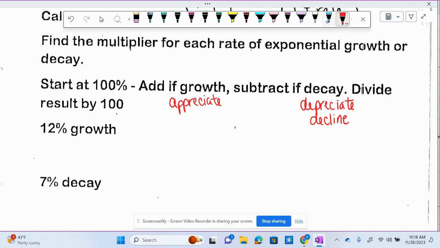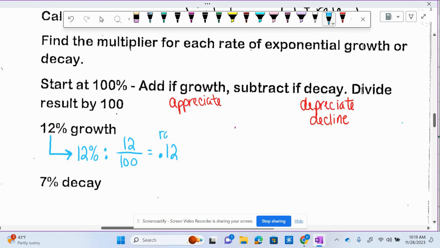So our first example, 12%. I want to take 12% and I need to make it a decimal. Well, in my calculator, I'm going to take 12 and divide it by 100. Javier, I want you to take 12 and divide it by 100 in your calculator. Tell me what you get. Yep, that's exactly right.